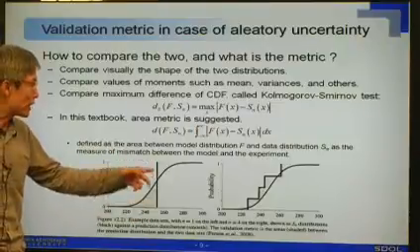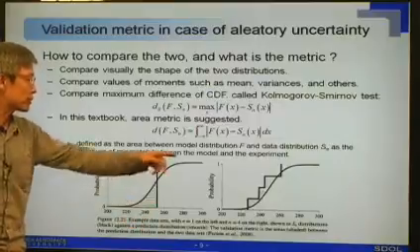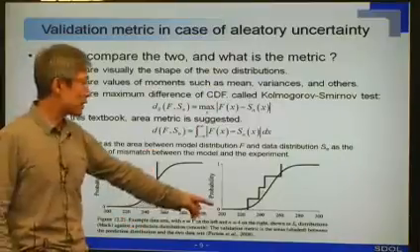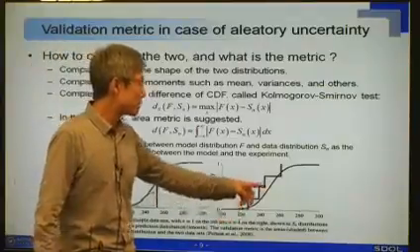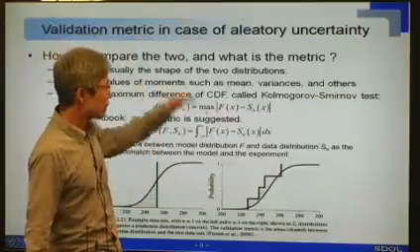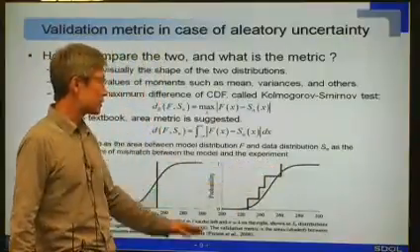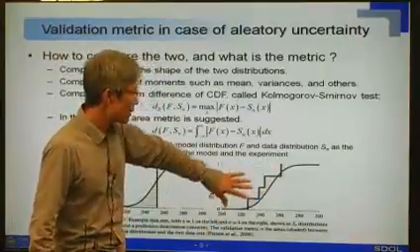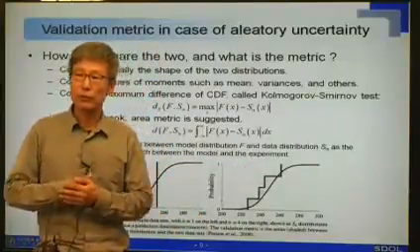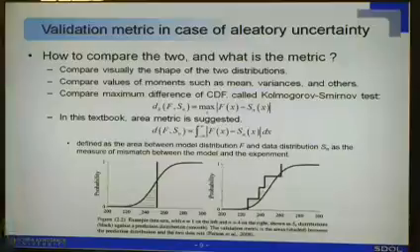In case of one data point, it's just like this shape. In case of multiple data, the empirical CDF will behave like this, and the CDF from the model will behave like this, and we find the shaded area between the two. This is the definition of the area metric, and he is suggesting this way.